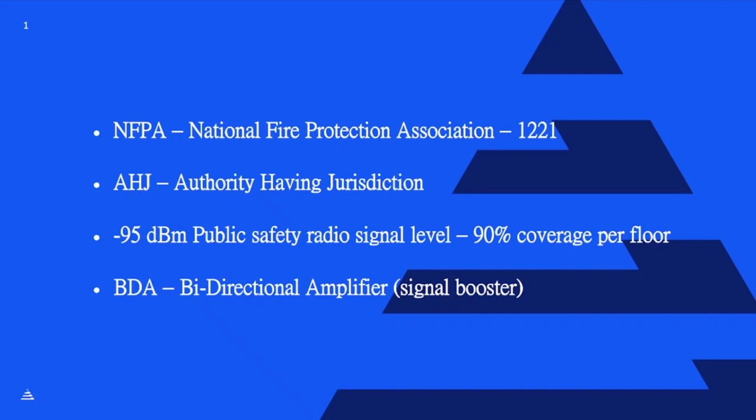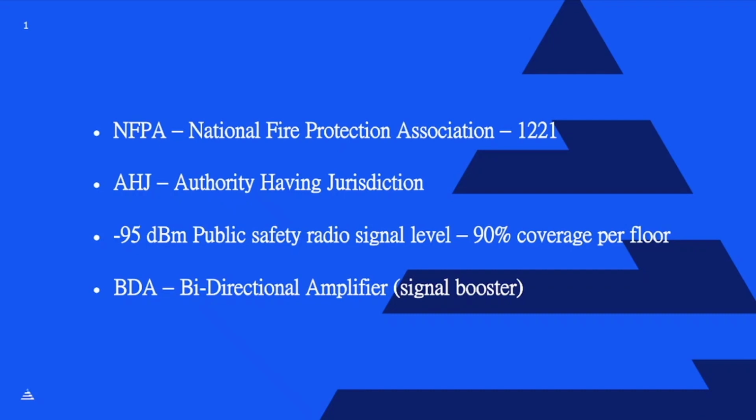Now, the standard that the NFPA has come up with is that the signal level within your facility has to be at least negative 95 dBm for public safety radio systems, and that negative 95 has to cover 90% per floor of your facility.